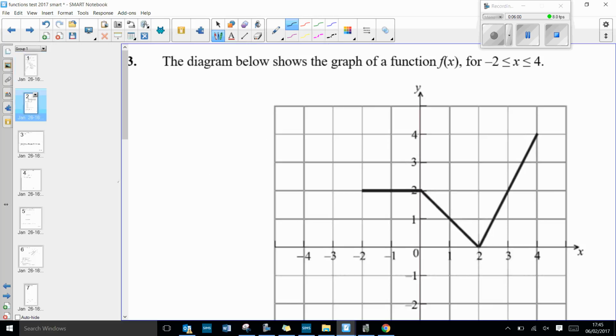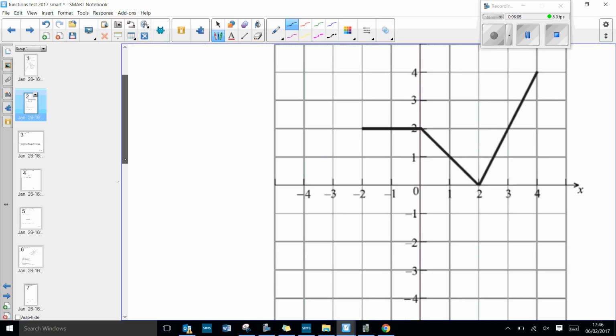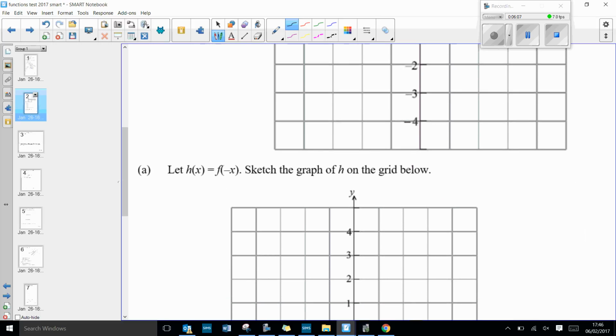Number 3, there's a diagram of a function. We need to sketch f of minus x.